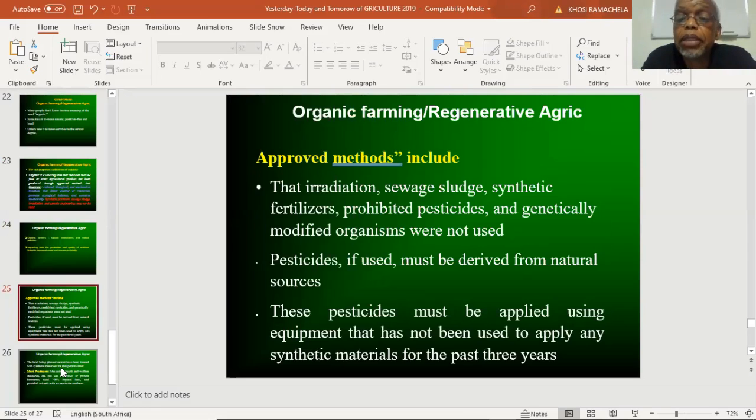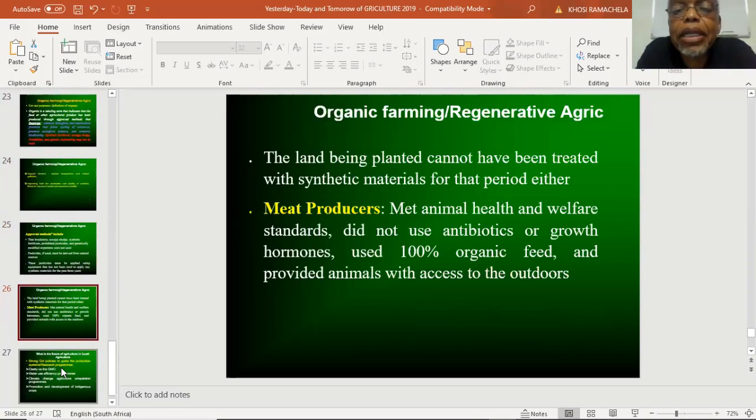These pesticides might be applied using equipment that has not been used to apply any other synthetic materials for the past 3 years. So it means there's minimum chance for contamination with chemicals if you're using organic pesticides. The land being planted cannot have been treated with synthetic materials for that period either.